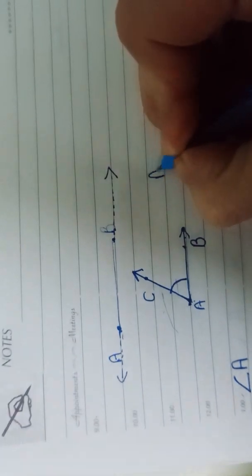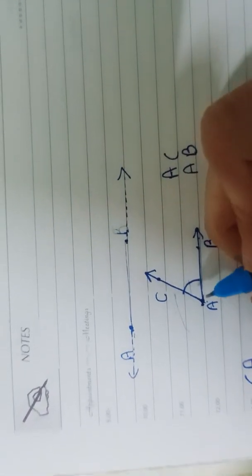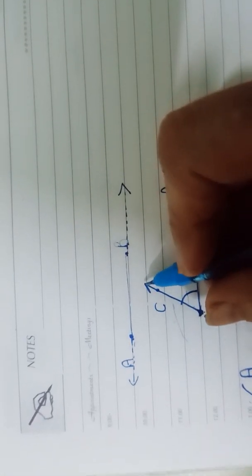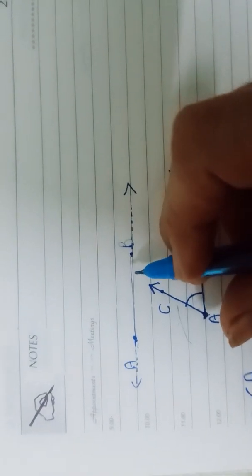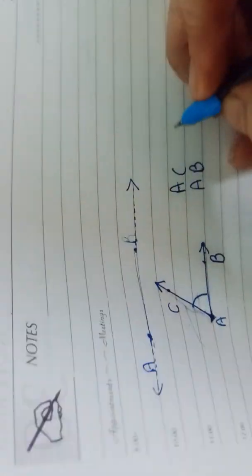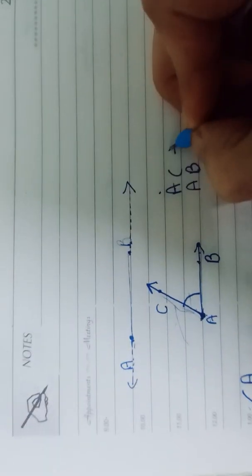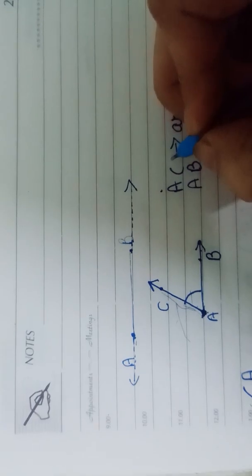We start from A, which is the starting point. Here it is the never ending point, so we will not start from here, we will start from A. So AC and AB, these are called the arms of angle.